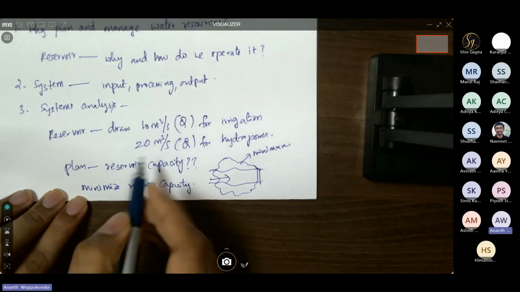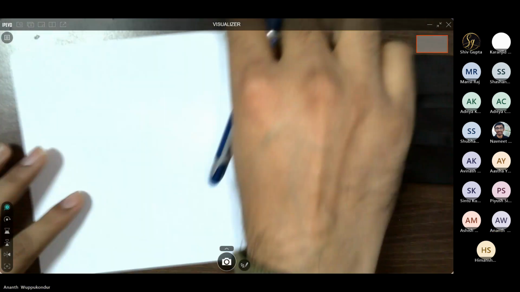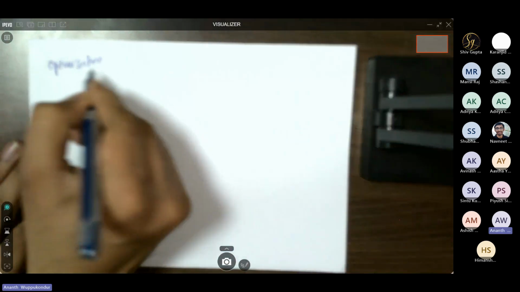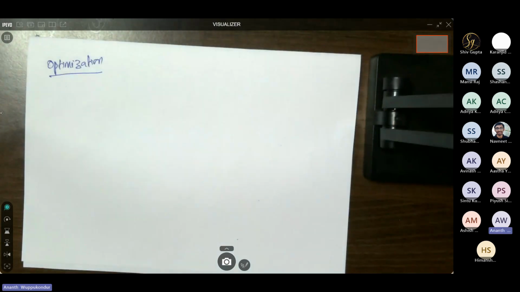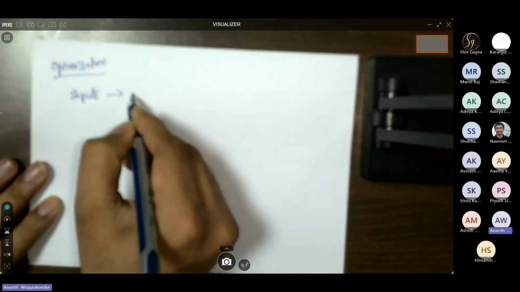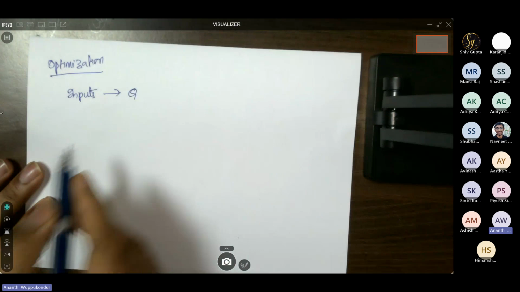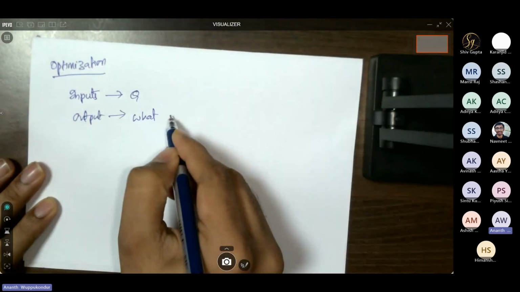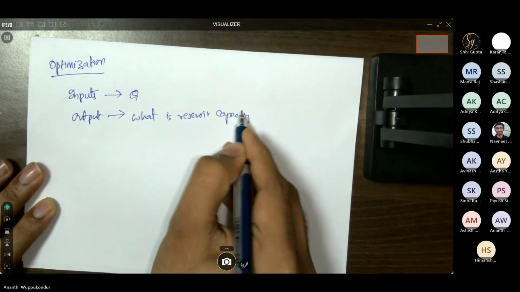To achieve this minimum reservoir capacity, the process is called optimization. So here we are optimizing the reservoir capacity. I know some inputs: my inputs are how much discharge I want to withdraw from the reservoir, and my output is what the reservoir capacity should be.